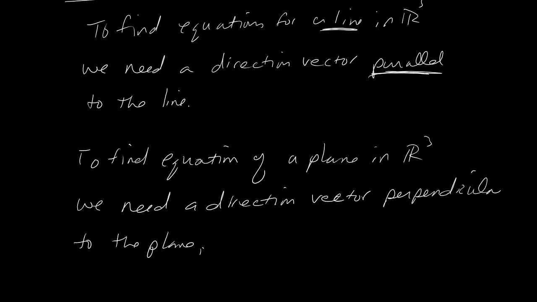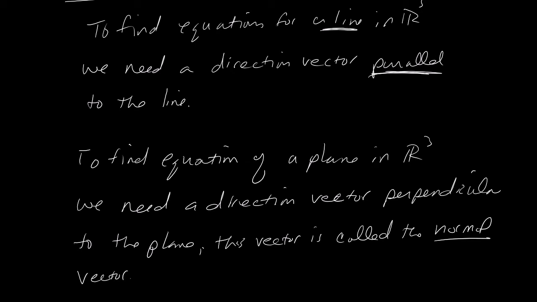This vector is called the normal vector. So for a plane, we need a perpendicular vector, also known as a normal vector. And we typically denote this vector just as n, the n vector.